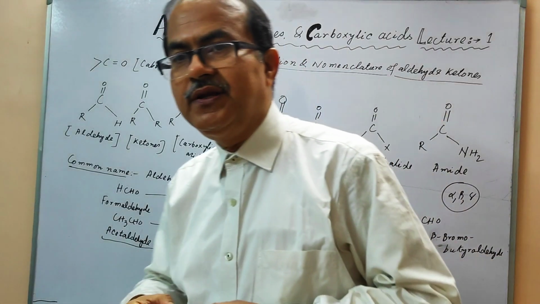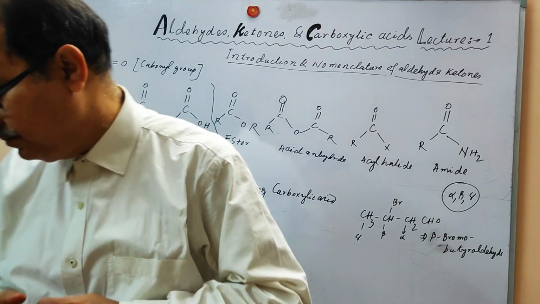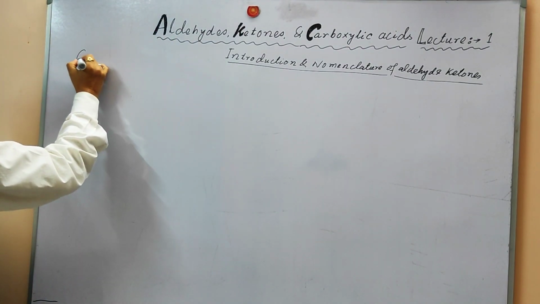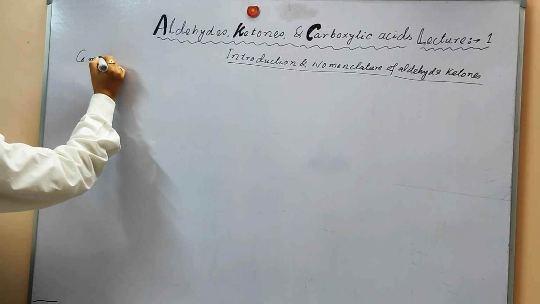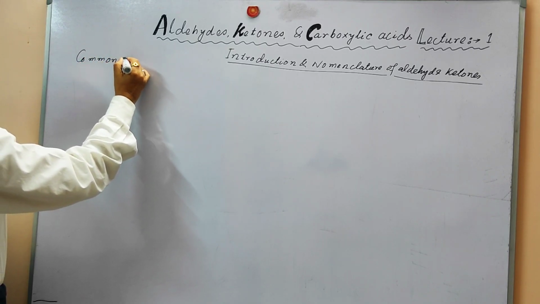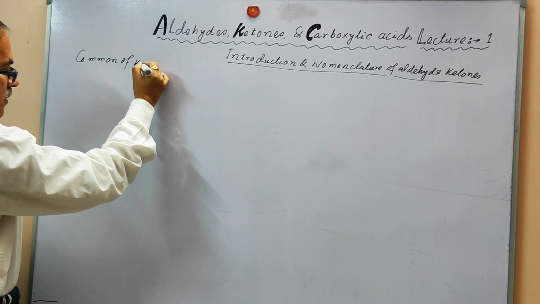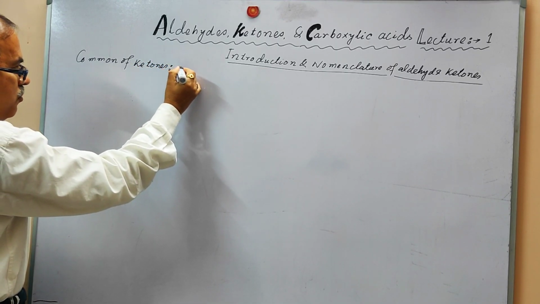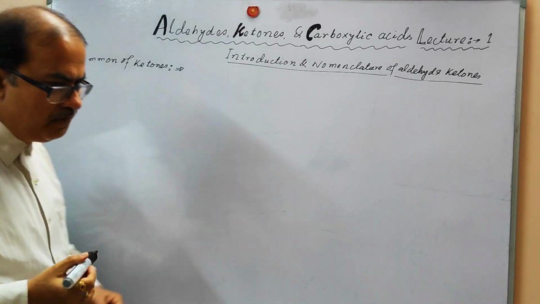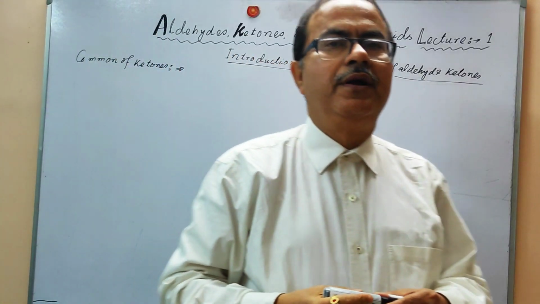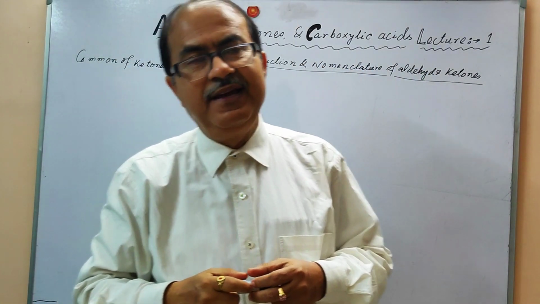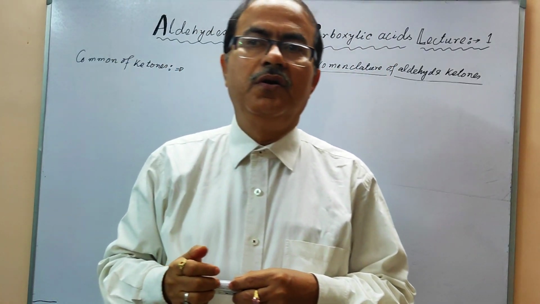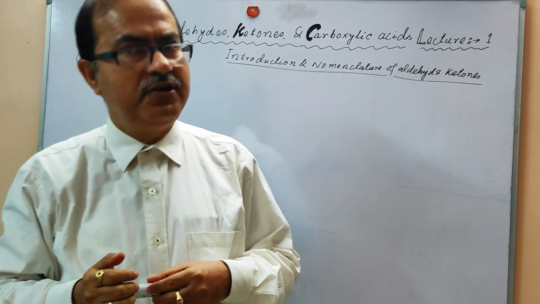Now we are going to discuss the common name of ketones. Aldehydes we have already discussed. For the common name of a ketone, we write, alphabetically, the names of the alkyl groups present in the ketone.